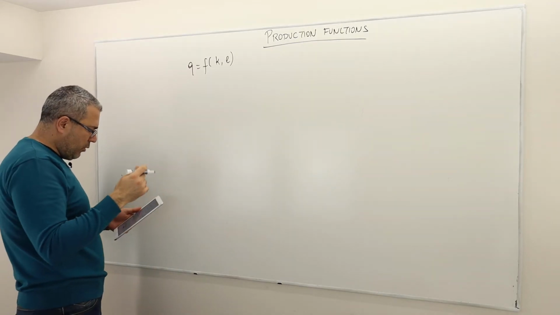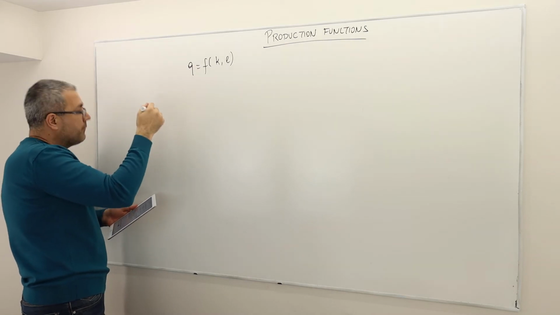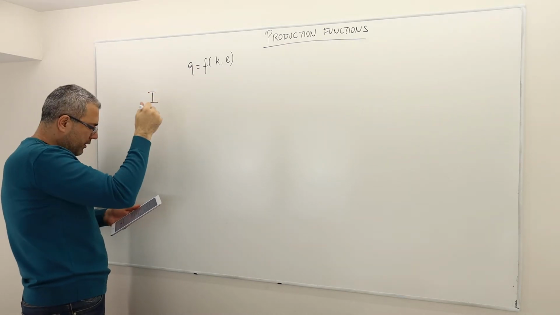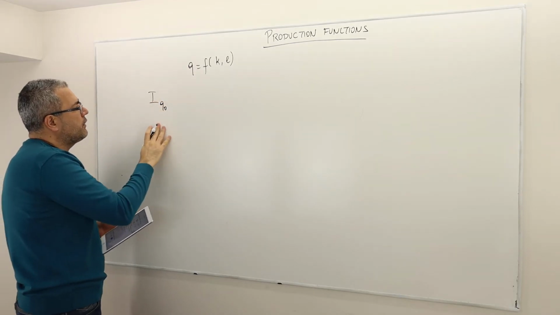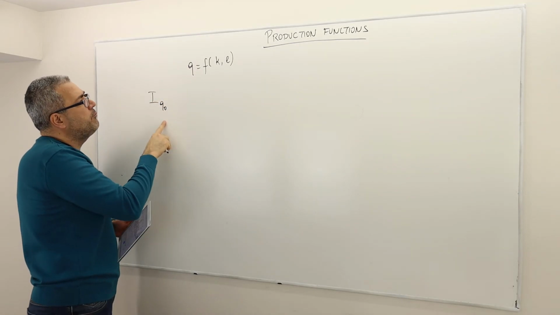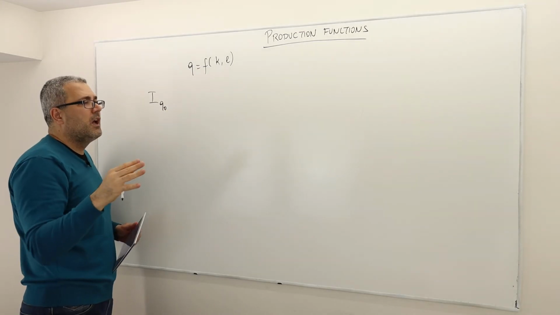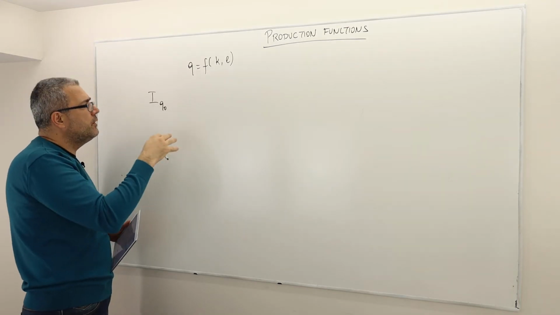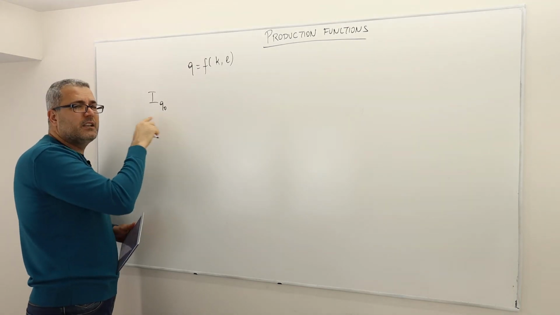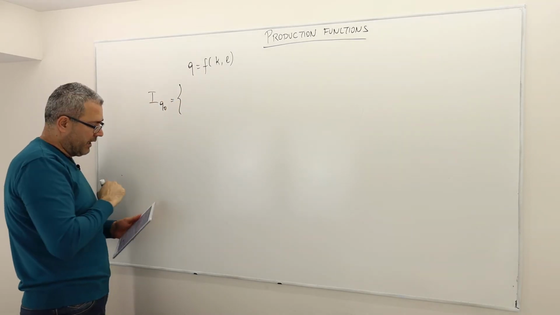And so what we can draw is the level curve, I'm going to denote it by IQ0. What I would like to know is what are the input combinations, capital and labor, that I need to use in order to produce exactly Q0 units of output. All right, so that's what this set is.